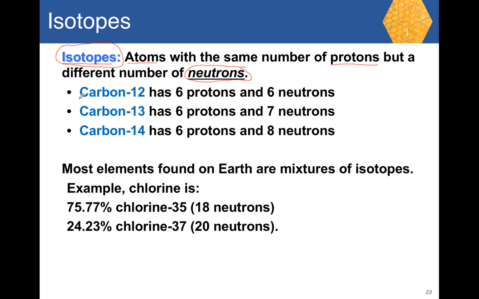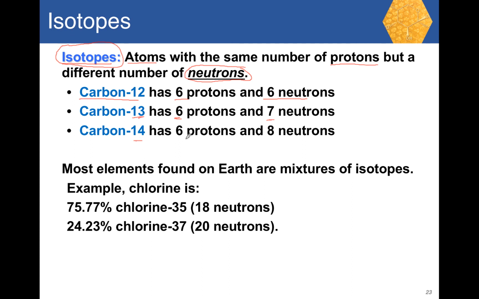So, for example, carbon 12 has 6 protons and 6 neutrons. Carbon 13 has the same 6 protons and of course 6 electrons, but now it has 7 neutrons. And here's another isotope of carbon.